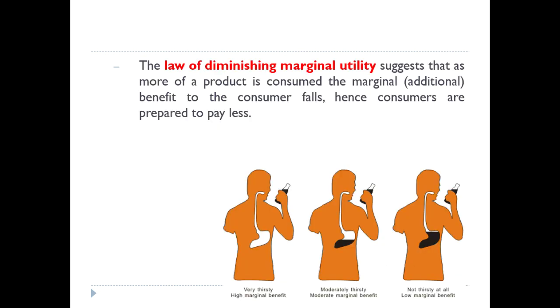And the next concept associated with demand is the law of diminishing marginal utility. What does it mean? Imagine you are very hungry and you need to have something.